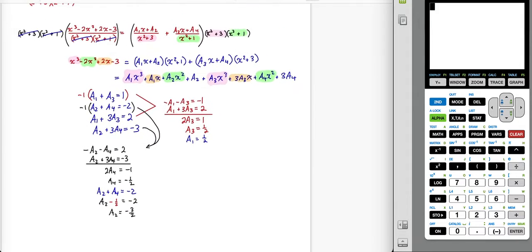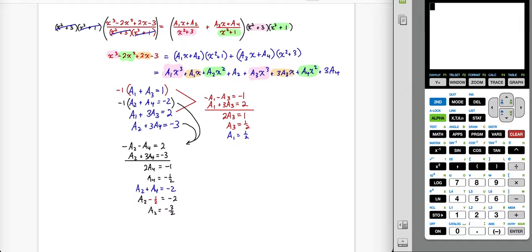So after all of that, we can now come up with the integral. Alright, a1 is 1/2, so I have a 1/2 x minus 3/2 over x squared plus 3, then plus a3, which is 1/2 x, a4 is negative 1/2, so minus 1/2, over x squared plus 1 dx.